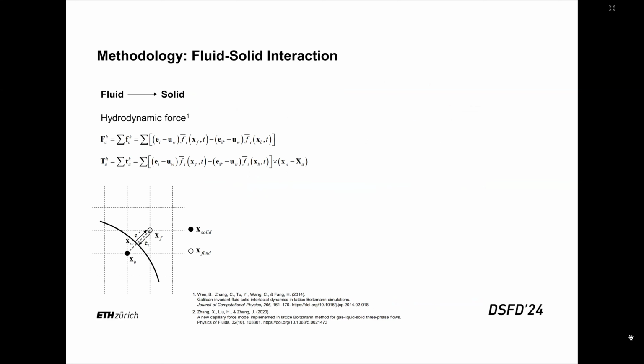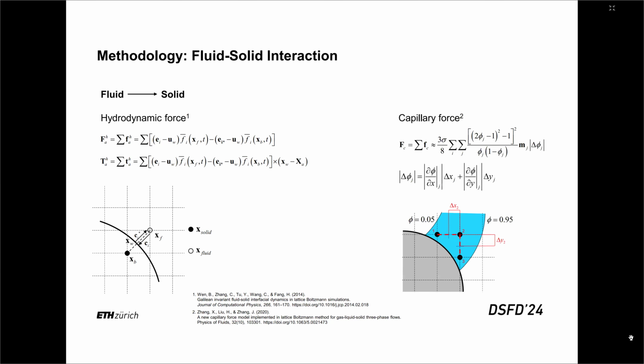In our model, we should not only calculate the fluid and solid motion separately, but also calculate the interaction between the fluid and solid. One of the most important interactions from fluid to solid is the hydrodynamic force, which can be calculated by a scheme proposed by Wen. Another important interaction from fluid to solid is the capillary force.